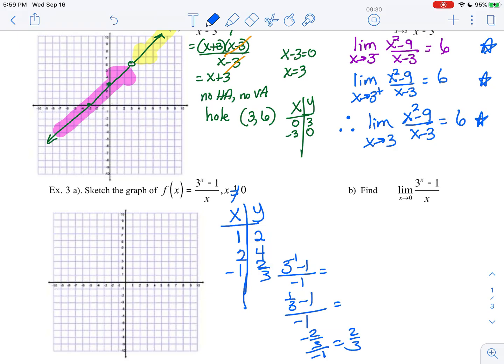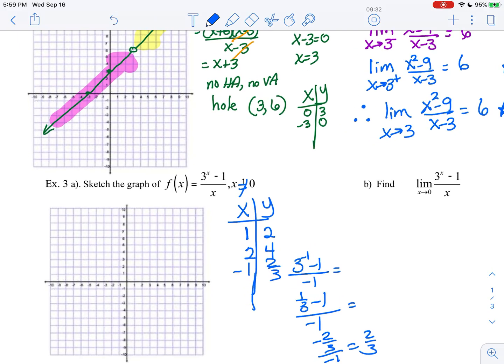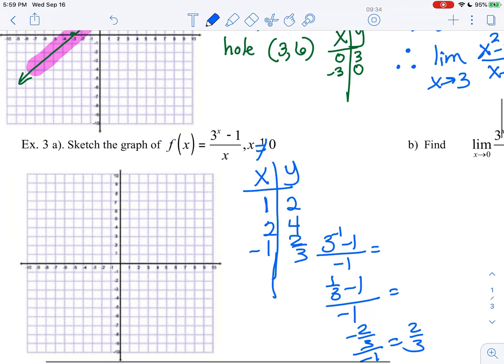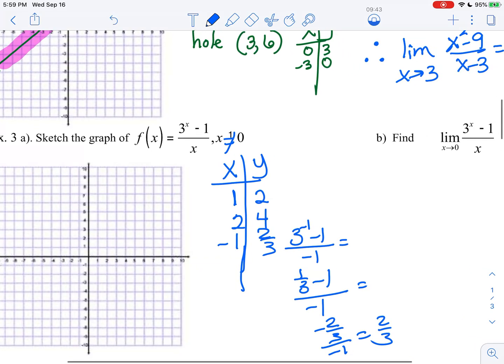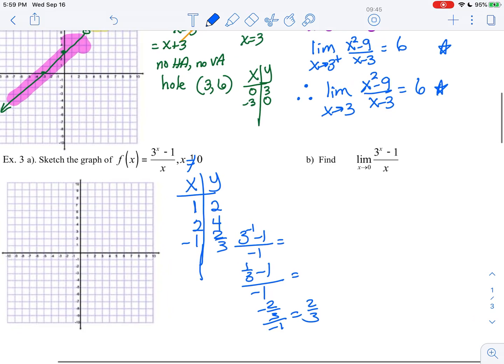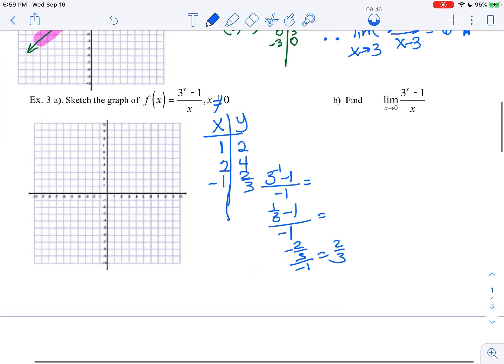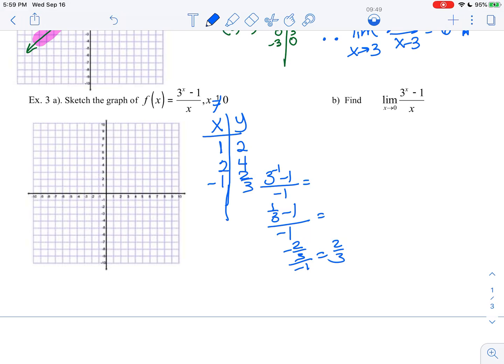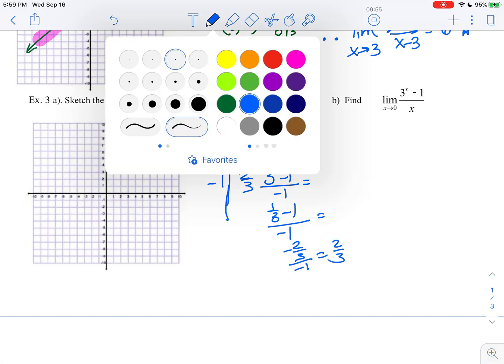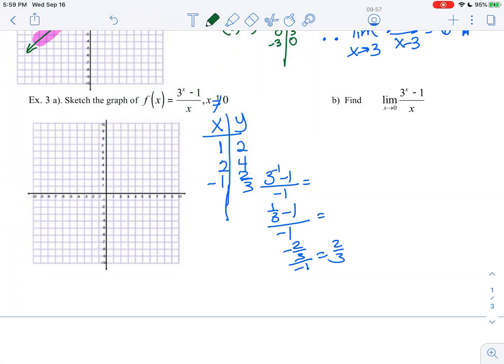So I'm not quite ready to graph this, but I'm interested in what's happening at 0. So on this one, I feel like I need a little bit more information. I can't tell. This is not a rational function. So something is happening at 0.